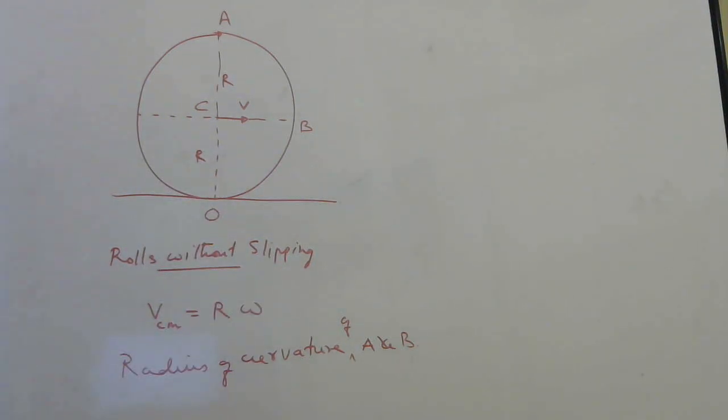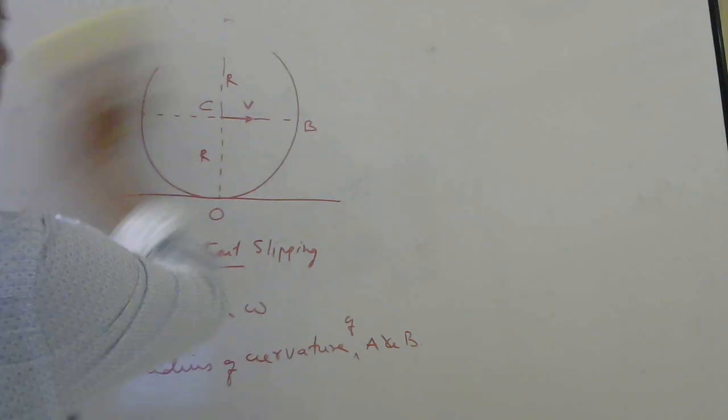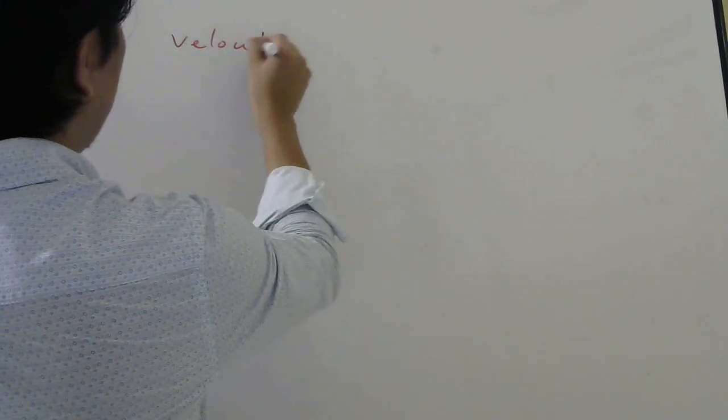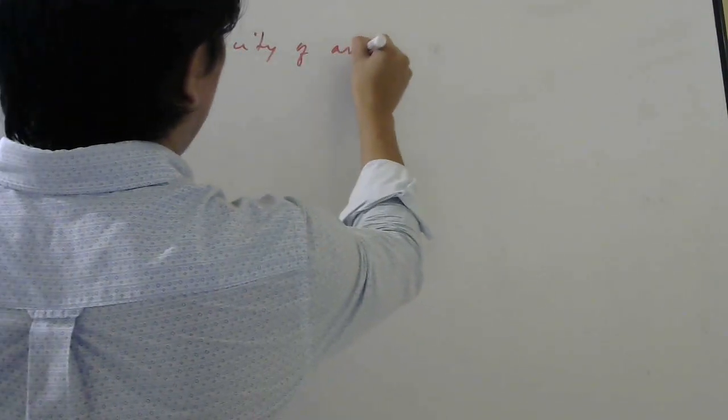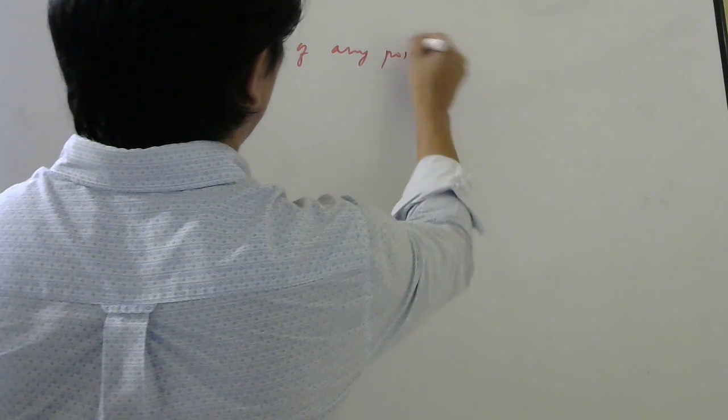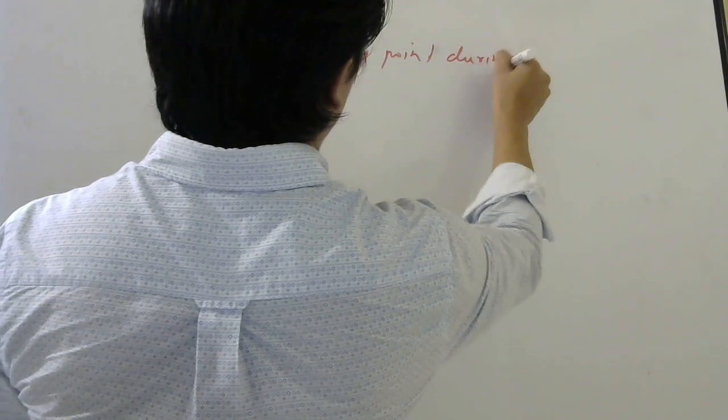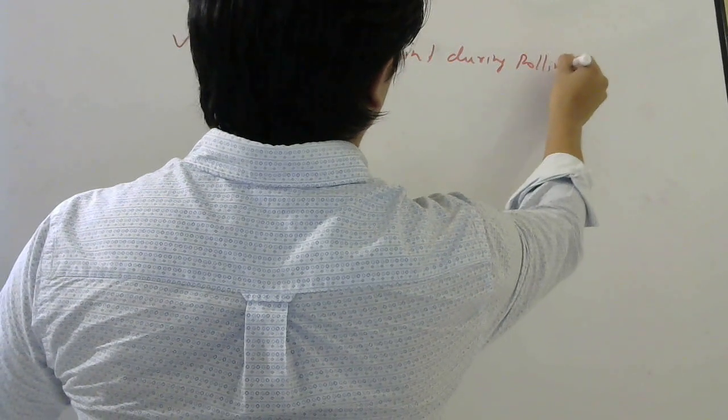Before we solve this problem, we need to first talk about how to find the acceleration of any point in rolling motion. But again, before acceleration, let us find the velocity of any point during rolling motion.